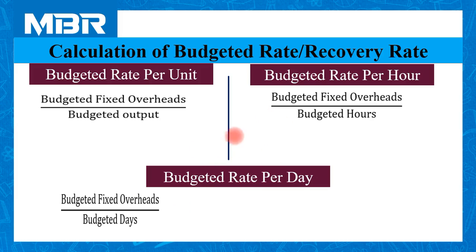Then fixed overhead quantity, or you can say volume variance: naturally we are in need of the budgeted rate per unit. So in this way, we are in need of all these three bases. So first of all, we need to calculate all these three bases in order to calculate all 7 variances.